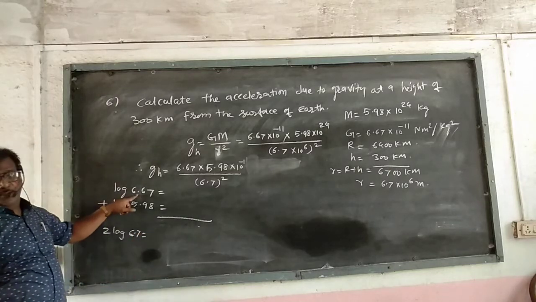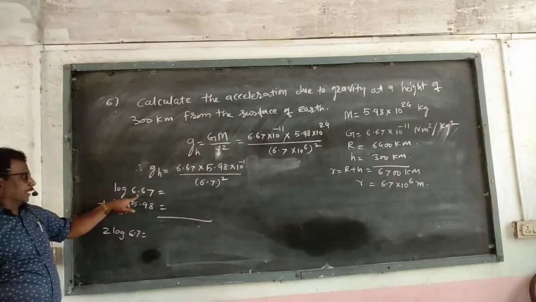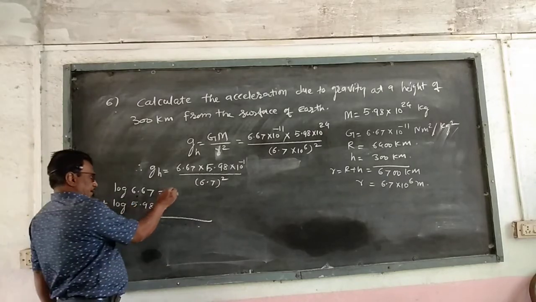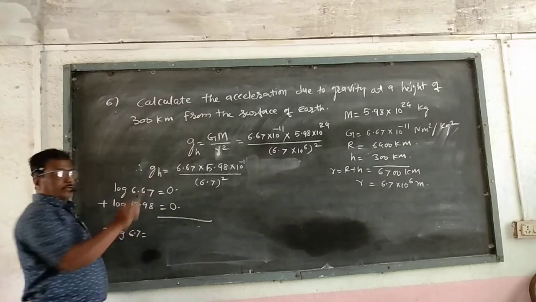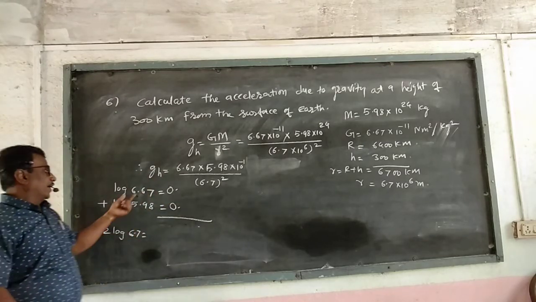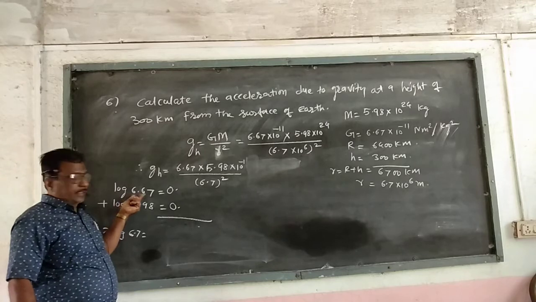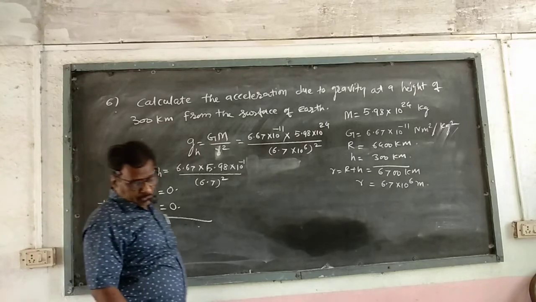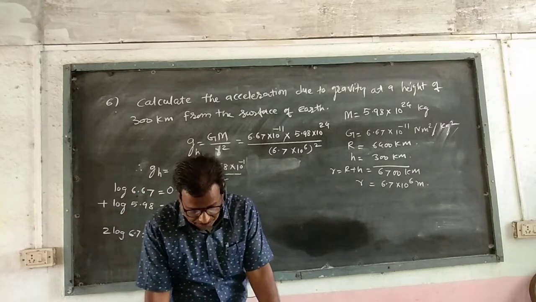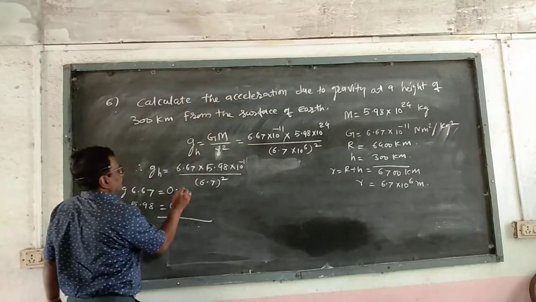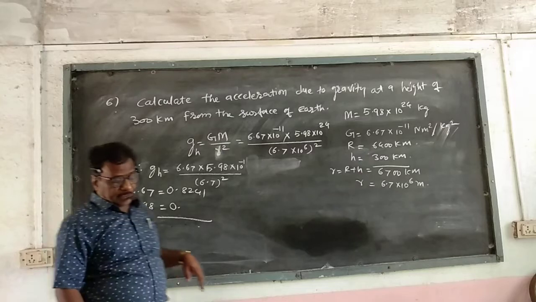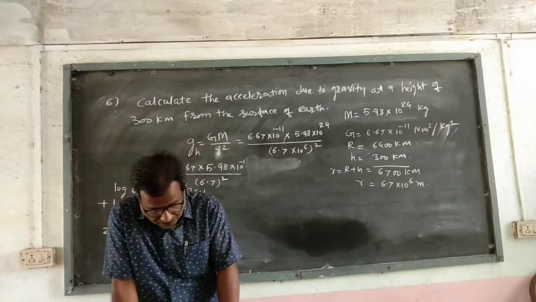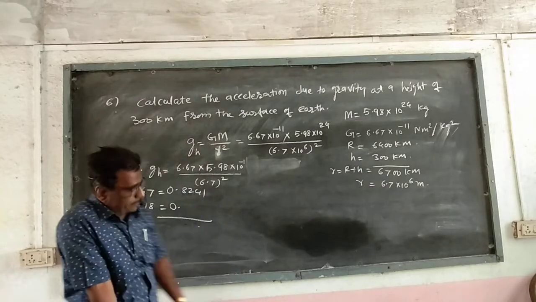Now here 6 is a single digit, so we have to take 0 characteristic. For 5 again 0 characteristic. Now find log of 66 headed by 7, that is equal to 8241. Log of 59 headed by 8, that is equal to 7767.